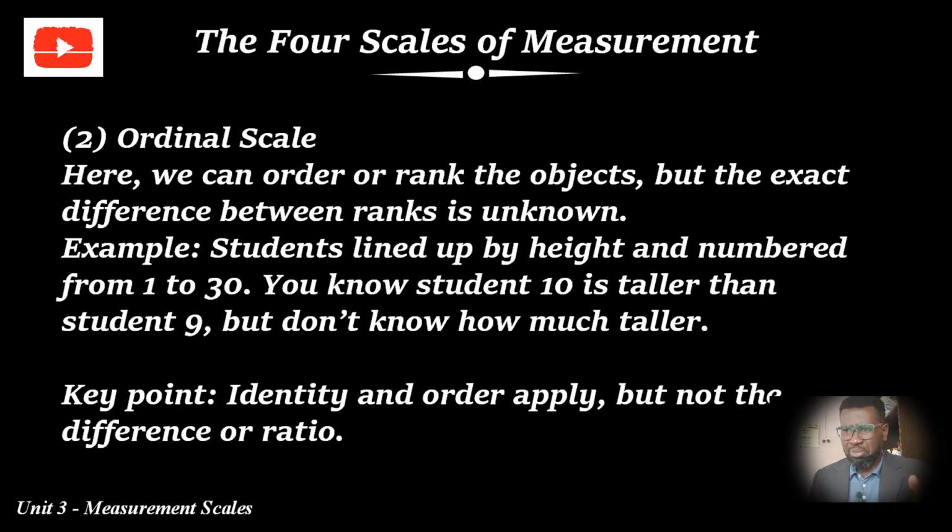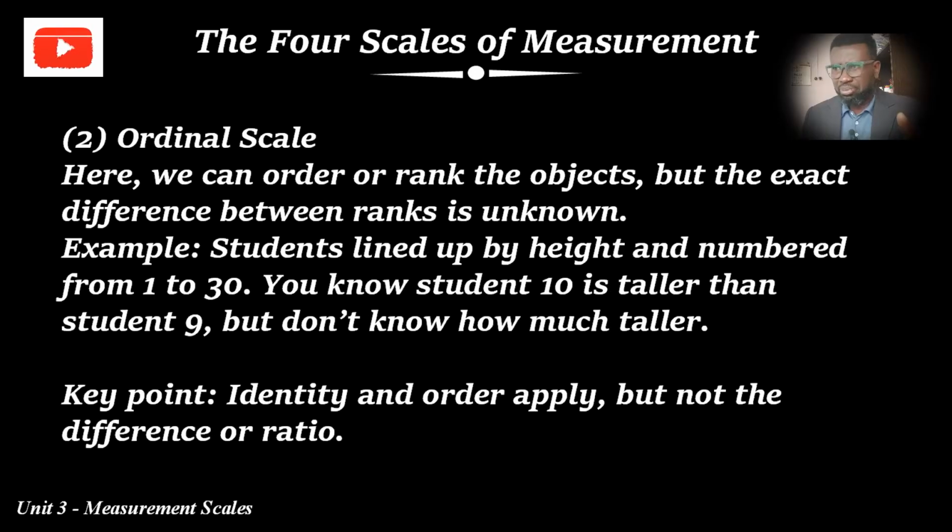All right? Now let's go to the second of the four skills of measurement. That is the ordinal skill. Here we can order or rank the objects, but the exact difference between ranks is unknown. An example of this is students lined up by height and numbered from 1 to 30.